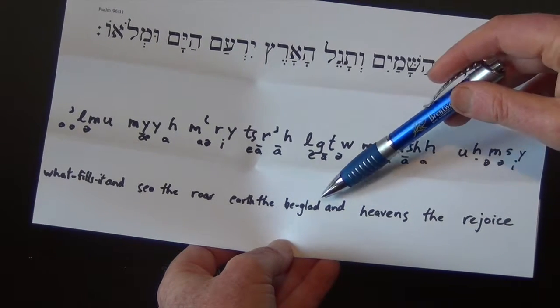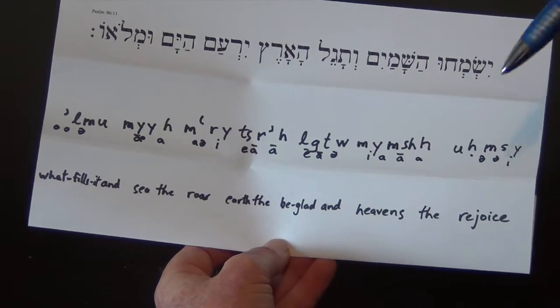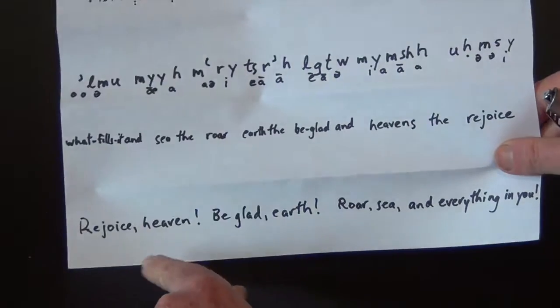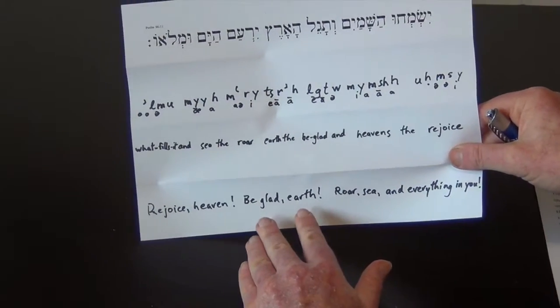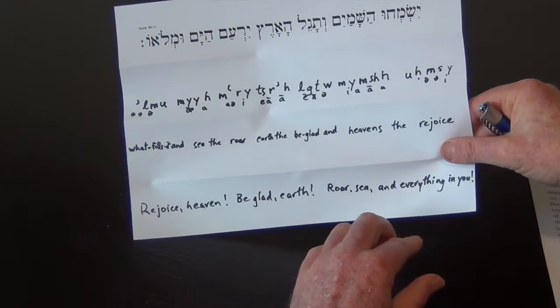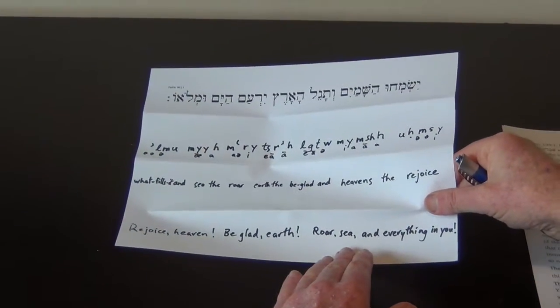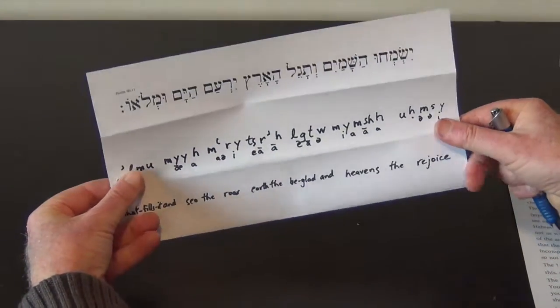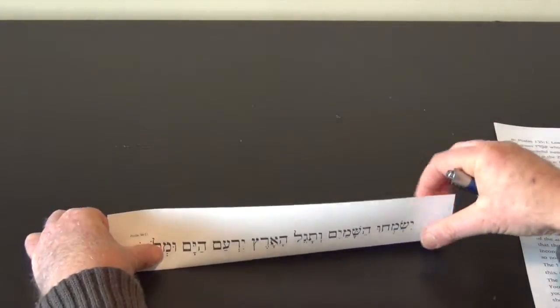But I've just translated it as a direct command to these things. Rejoice, heaven, be glad, earth, roar, sea, and everything in you. So there we have it, Psalm 96:11.